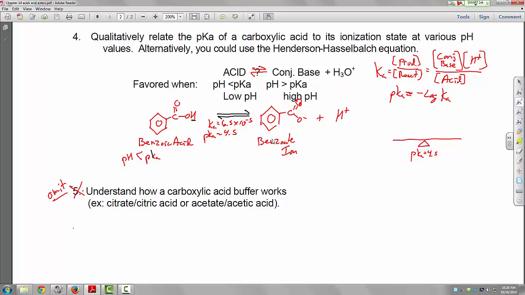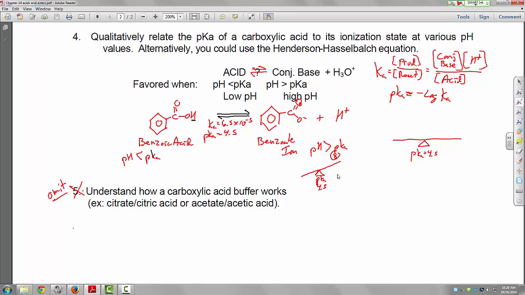The benzoate ion, right, is favored when the pH is greater than the pKa. So if this is a pKa, say it's 4.5, if the pH is greater than that, say the pH is 8 or something like that, the right-hand side is going to be favored.